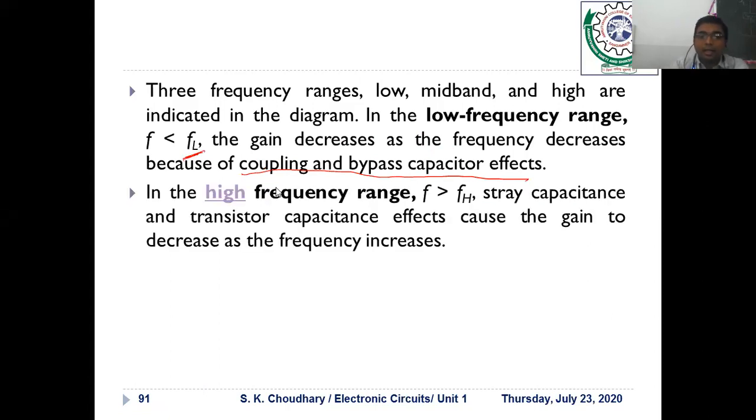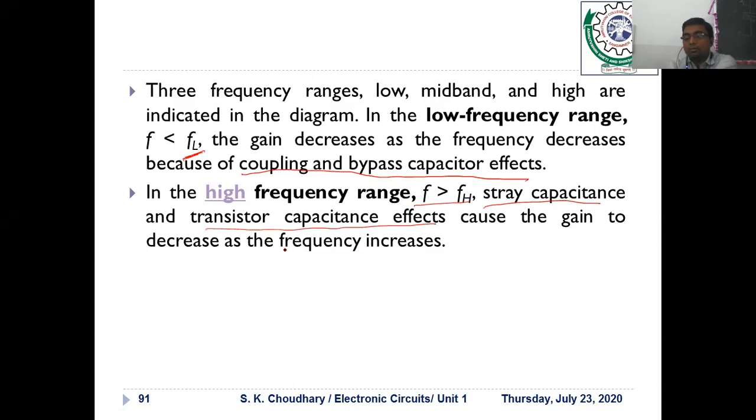Similarly, in the high frequency range, when your applied frequency to the amplifier is greater than FH, your gain again starts to decrease on the right hand side of the graph, and this is because of a different reason. What is the reason? Behind it are the stray capacitances associated with the transistor amplifier, as well as the transistor's internal junction capacitance.